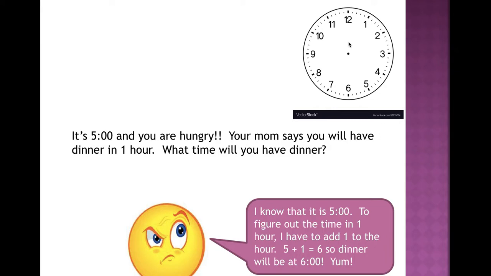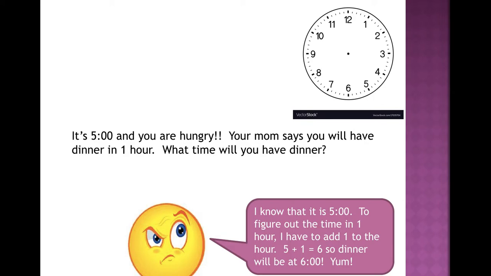So I know my hour hand would be pointing at the 5, and the minute hand would be pointing at the 12. So in 1 hour, we just need to move one space.